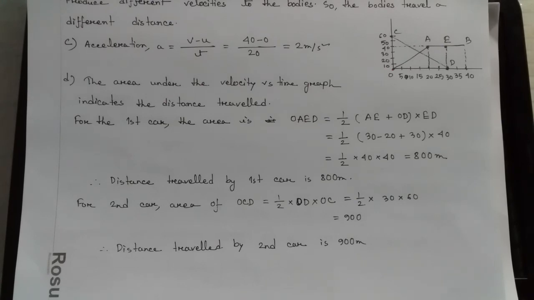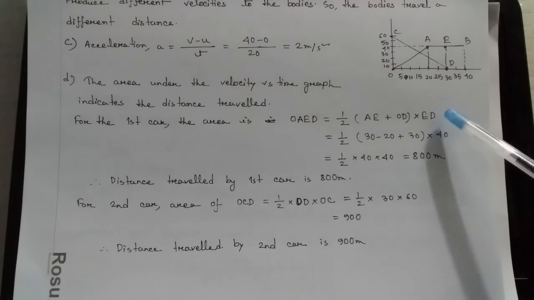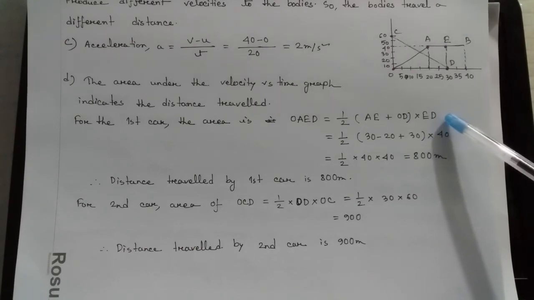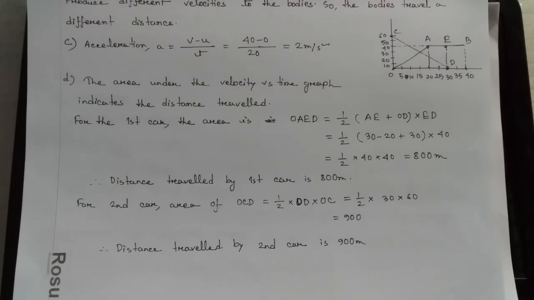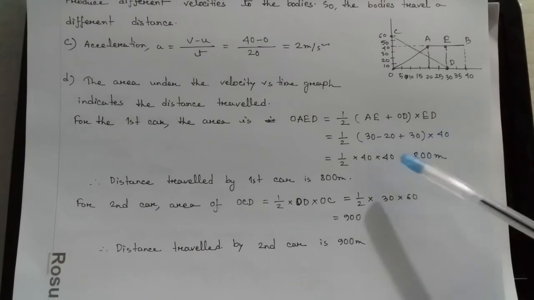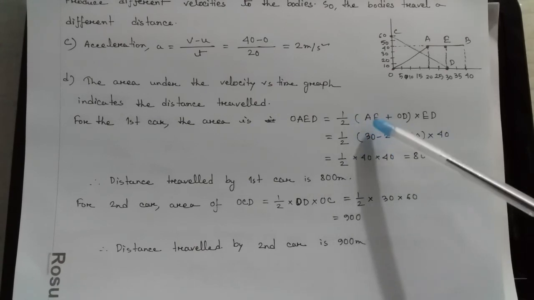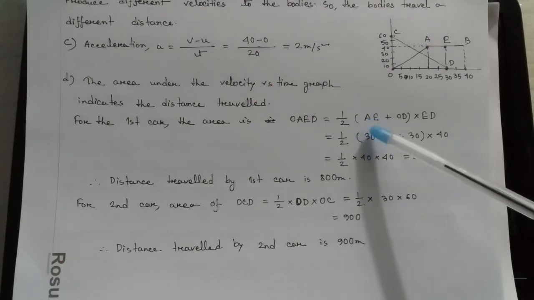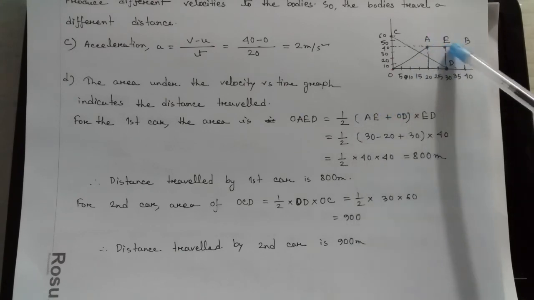trapezium. So for determining this area, we will just use the formula for a trapezium, and here is the equation: half into (AE plus OD) into ED. This is the equation for the area of a trapezium. And so finally we get the length AE. What is the length AE?